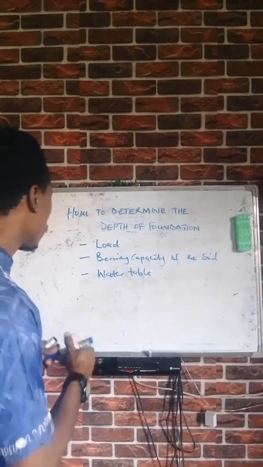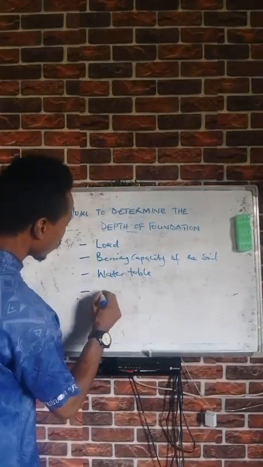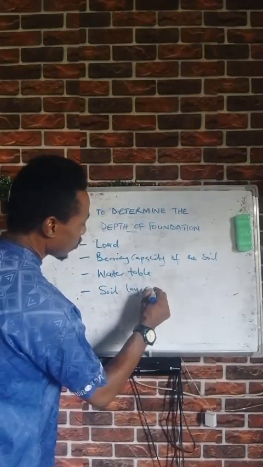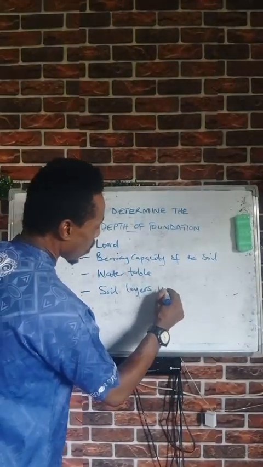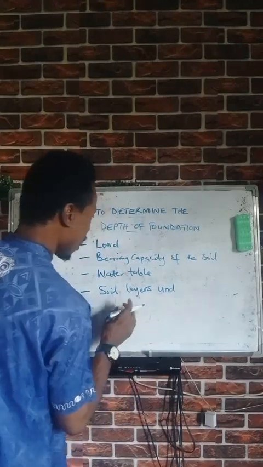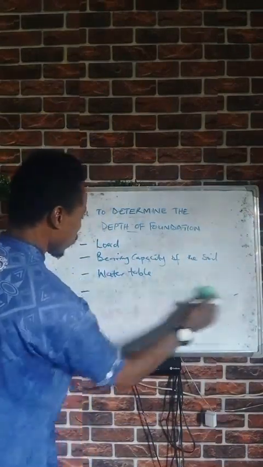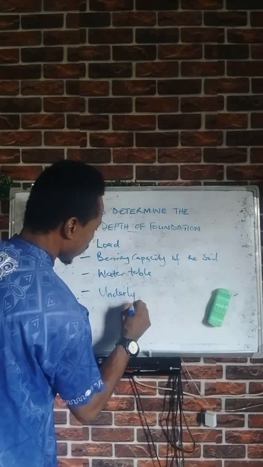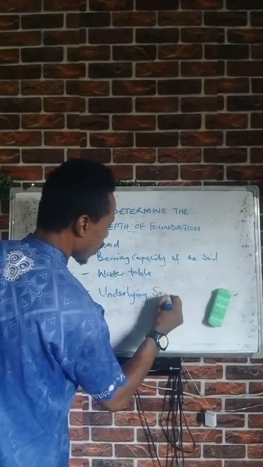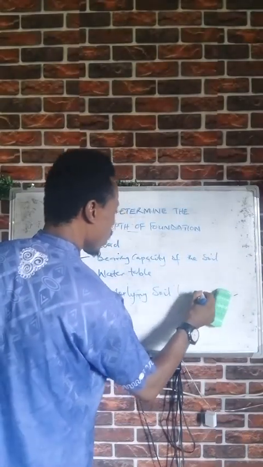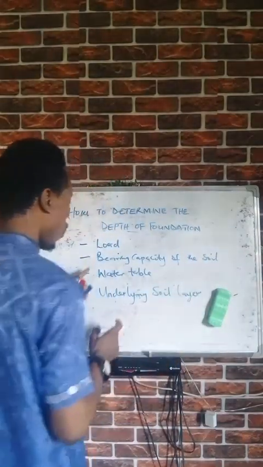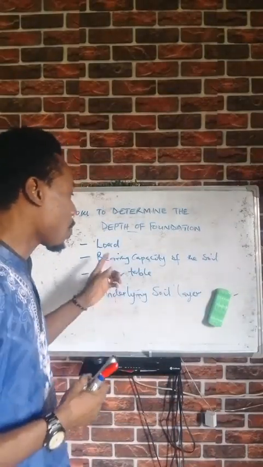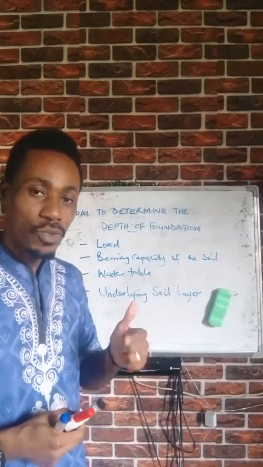Then also we look at the underlying soil layers. Now this is also similar to the bearing capacity of the soil, but you discover that bearing capacity of the soil increases with depth.